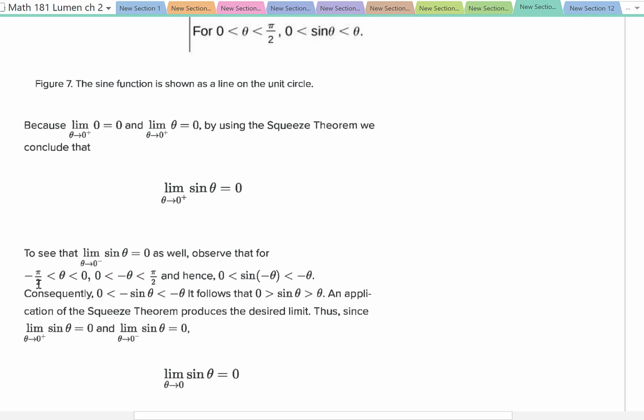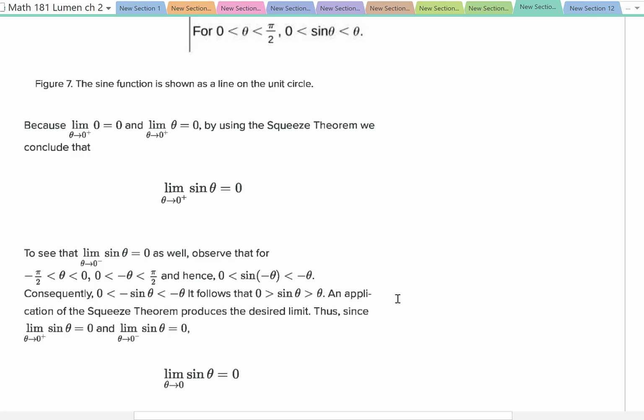This uses the same type of thing. From negative pi over 2 is less than theta less than 0, if you multiply everything by negative, you get 0 is less than negative theta less than pi over 2. So 0 is less than sine of negative theta less than negative theta, and the negative comes through on the sine.